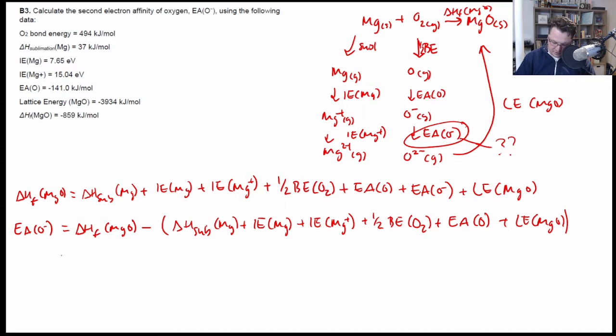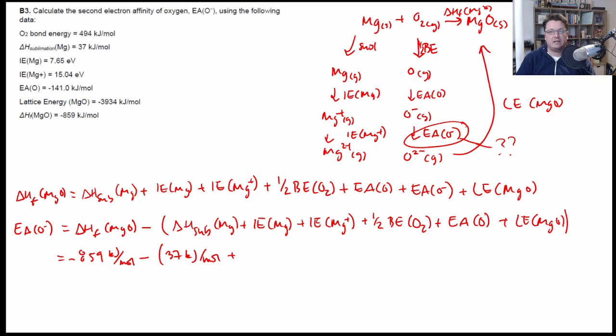So now all we have to do is plug in all of our values. The delta H of formation of magnesium oxide is negative 859 kilojoules per mole, minus the delta H of sublimation, which is 37 kilojoules per mole, plus the ionization energy of magnesium.